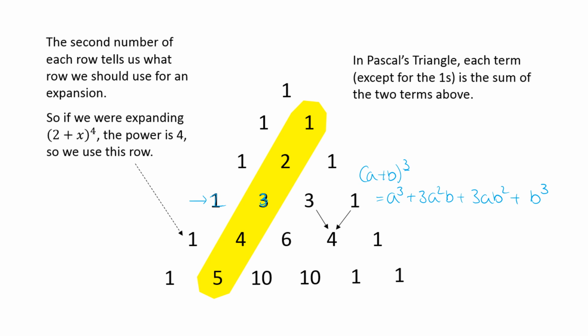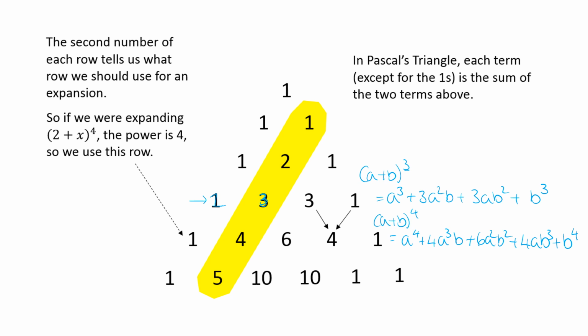So if we wanted (a + b) all to the 4, we would be using Pascal's triangle that starts 1, 4, and we'd be writing a⁴ + 4a³b, the powers in the a are going to come down, + 6a²b² + 4ab³ + b⁴. Noticing we've got 5 terms now because the power is 4, and those coefficients are coming from Pascal's triangle.